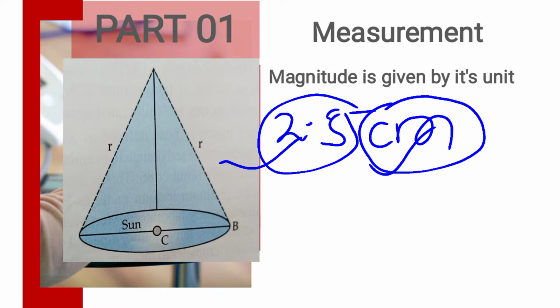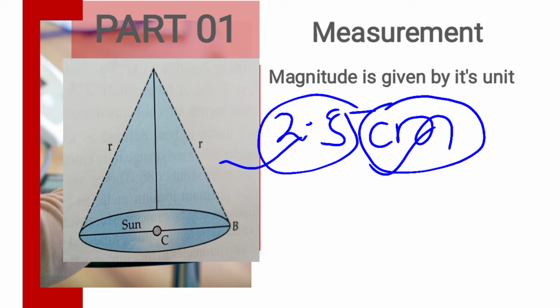If t is the time taken by the radar signal to go to the moon and come back, then the distance of the moon would be as shown here.